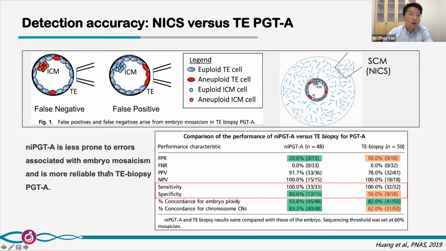Therefore, we conclude that PGT-A using NICSI is less prone to the errors associated with embryo mosaicism and would be more reliable than TE-based PGT-A testing.